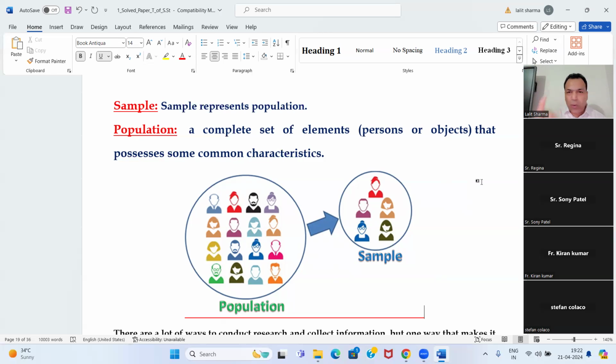Okay, so I explain you with one example. For example, you want to check the knowledge of computer awareness, knowledge of ICT, among ninth class students of convent schools throughout India.